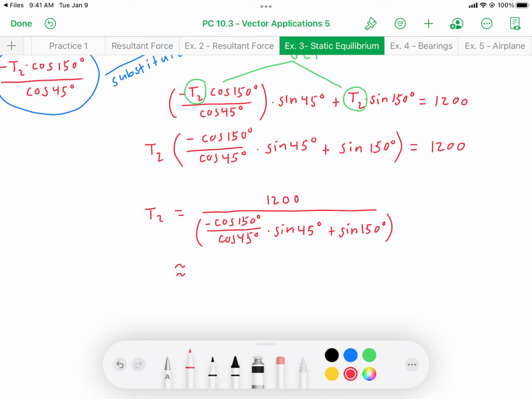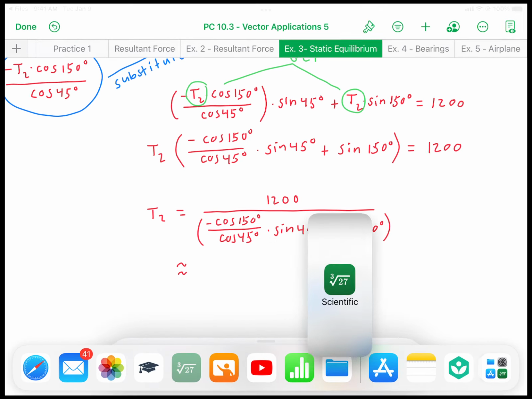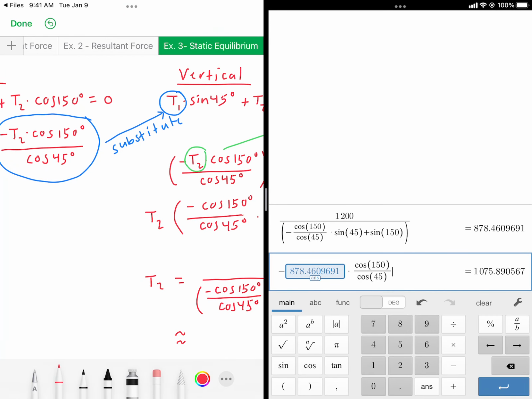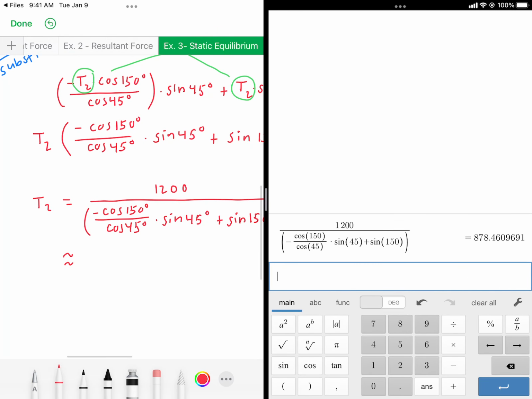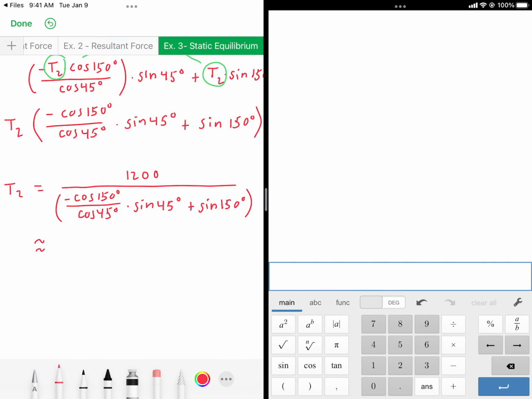I would suggest if you got a calculator handy, you should try to type it in as I do so. Make sure we get the same value, because a lot of times students will do all the work correctly and they just input it in wrong. All right, so it'll be 1200 divided by parentheses negative cosine of 150. Close out those parentheses. Actually, I'm sorry, that's 150.